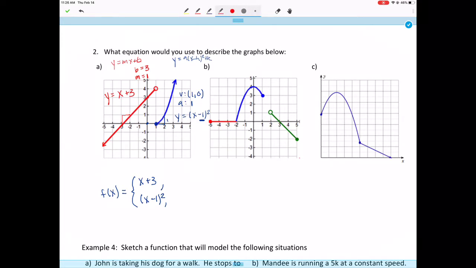So our domain for our red graph will be our first one, okay? So this arrow continues going all the way to infinity. So you could write it as negative infinity is less than x, which is less than 1. And since that is an open point here, it wouldn't be less than or equal to 1.